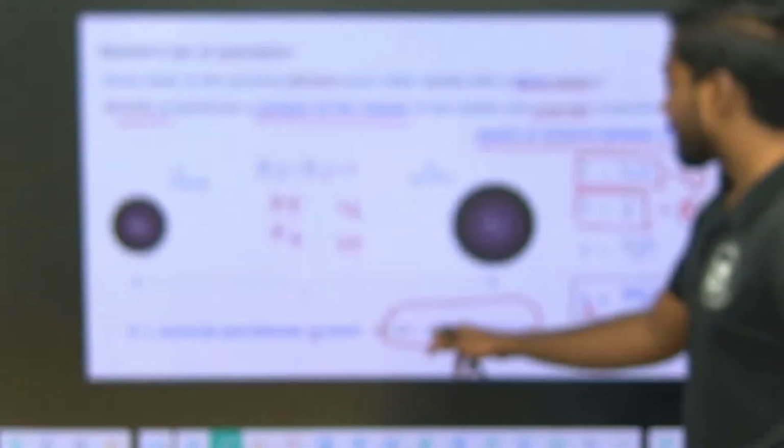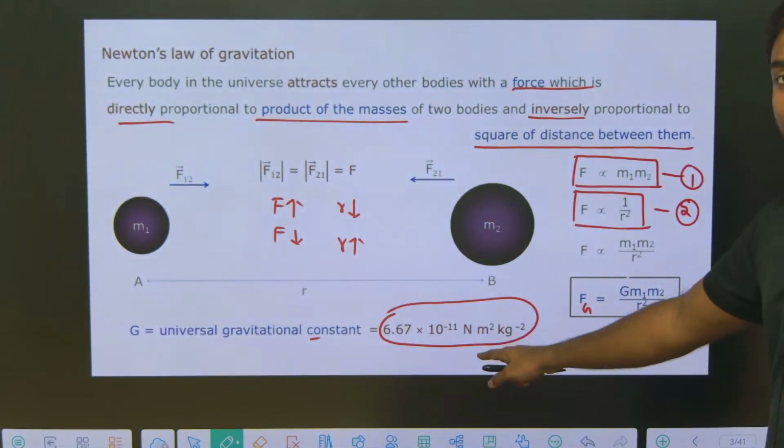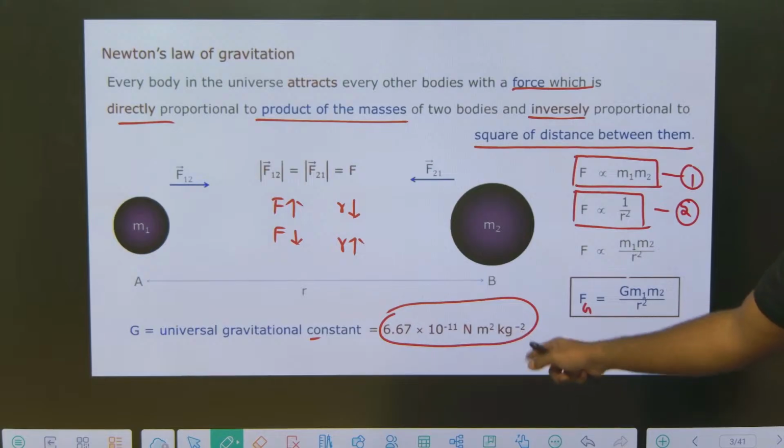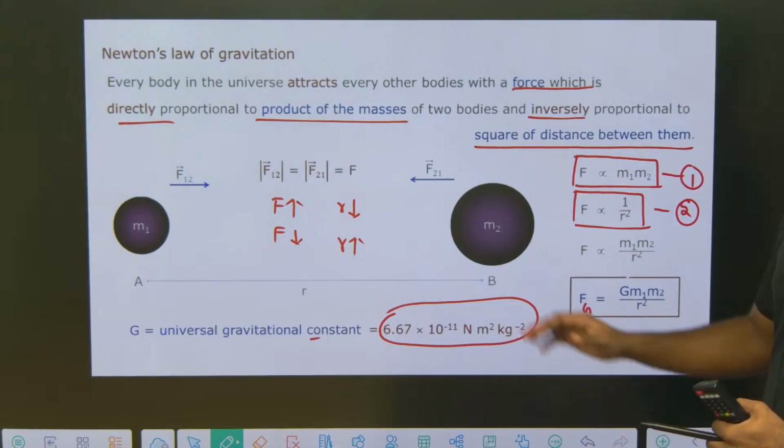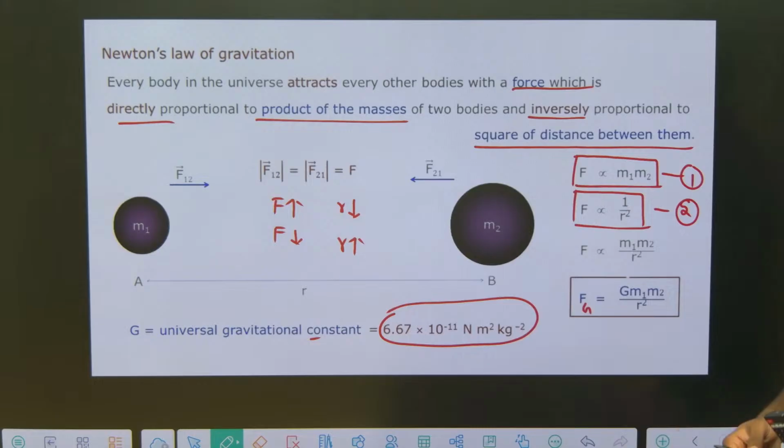We know that force is in Newton and distance we calculate in meter. So Newton meter square per kg square. This is how we got the SI unit of the gravitational constant. The value is 6.67 into 10 power minus 11 Newton meter square per kg square, right. So this is Newton's law of gravitation.